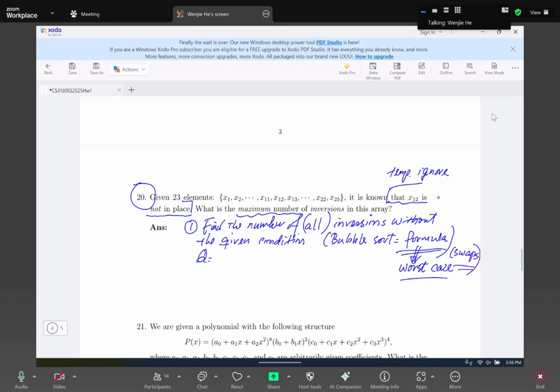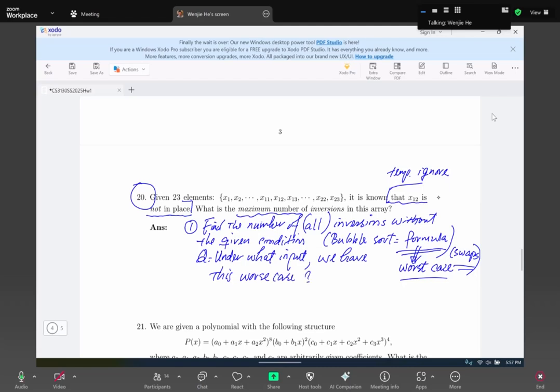The question is, you need to understand one piece of important information: under what input do we have this worst case, right?